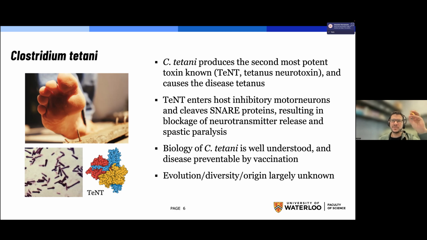It's a really interesting question to try to understand where these species came from, where the toxins came from, how they evolved, perhaps what other hosts or other ecological origins these species might have.